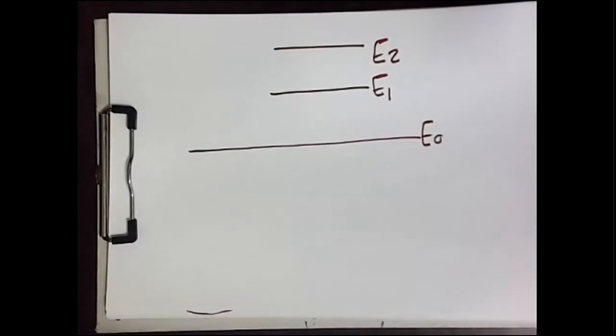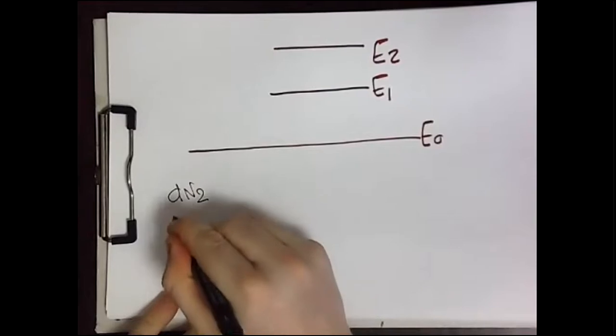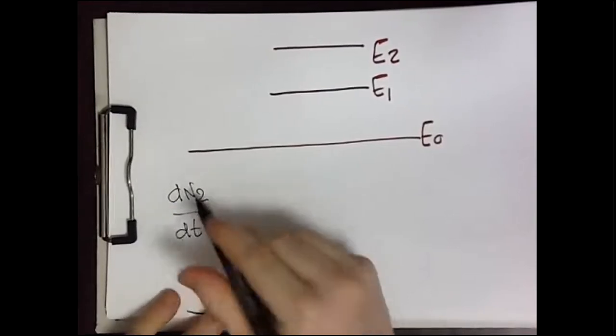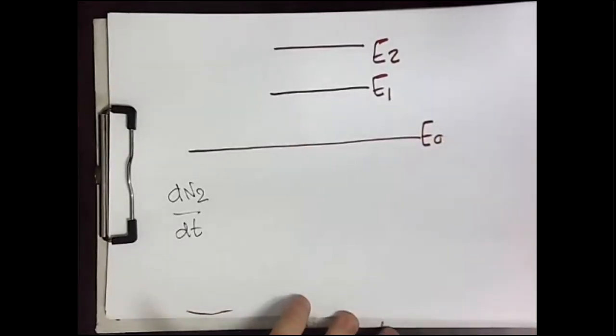So the concept of rate equation is related to finding the reasons for either increasing or decreasing the population in a level. So for writing the first equation, which is dN2 by dt, this equation represents the rate of change of the population of the level N2 with respect to time. This equals to.